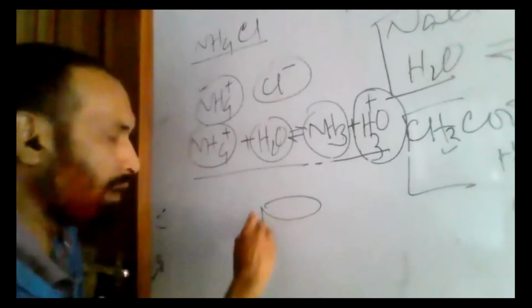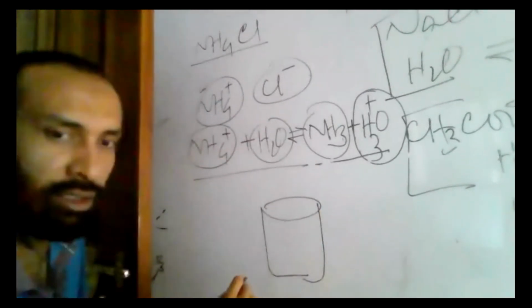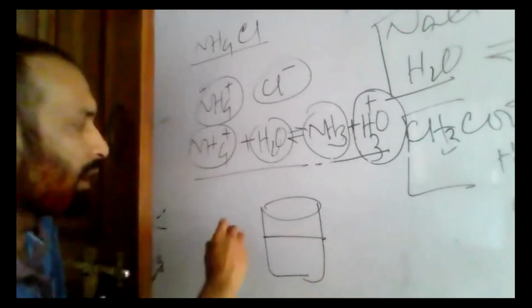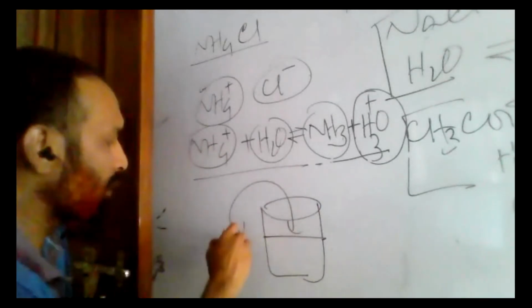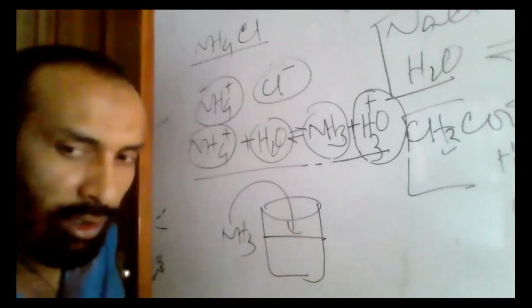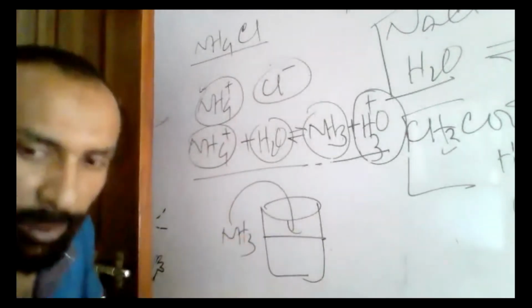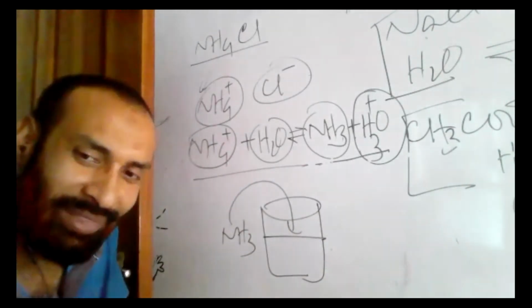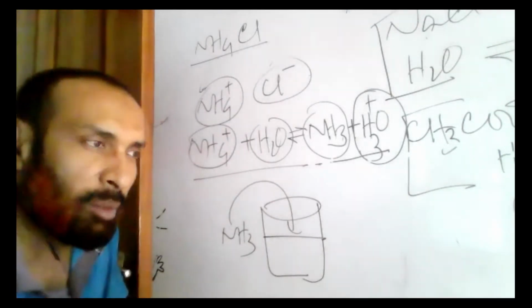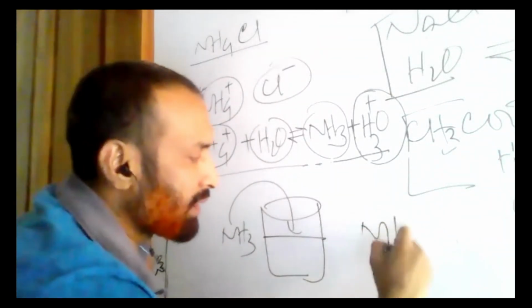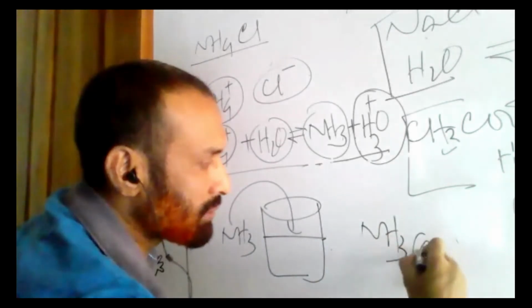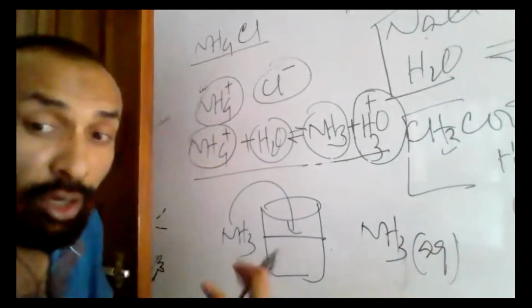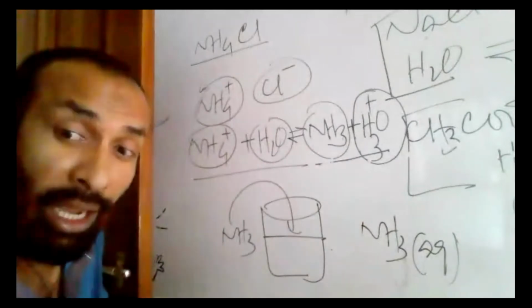I show you again this. Here's a beaker with water, and you are adding ammonia here. You know ammonia is a molecule, a weak base, and as this weak base, in water it remains as ammonia. We write ammonia solution as NH3 aqueous. Look how we write this, because ammonia is mostly ammonia.